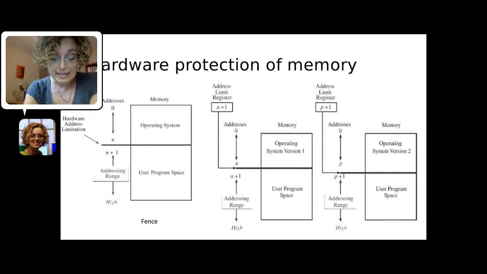So in this case, the fence is something like a house fence that confines users into a specific boundary. So you can see here that from memory 0 to memory n, the operating system resides, and from n+1 to a high address, the user programs reside, and the user is not allowed to access the operating system memory, and the operating system, of course, doesn't have to be limited, but it doesn't have to have access to the user program space.